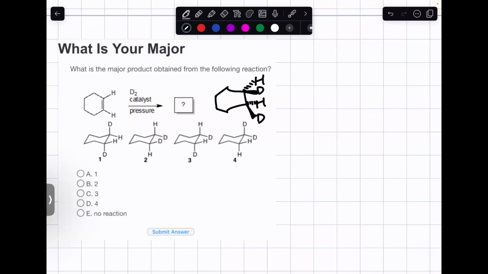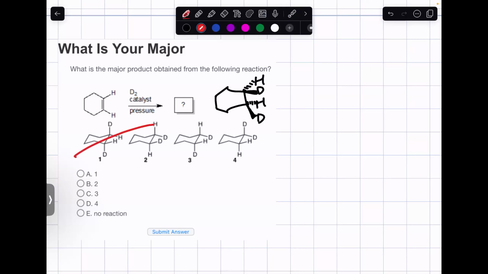From this point, we don't have to redraw into the chair conformer. We could just look at the fact that they're cis to each other, and eliminate the ones that are not cis. Let's look at one. Are the D's cis or trans? One is up and one is down, so that's trans, opposite sides. Get rid of that, because we know it's syn addition. How about two?